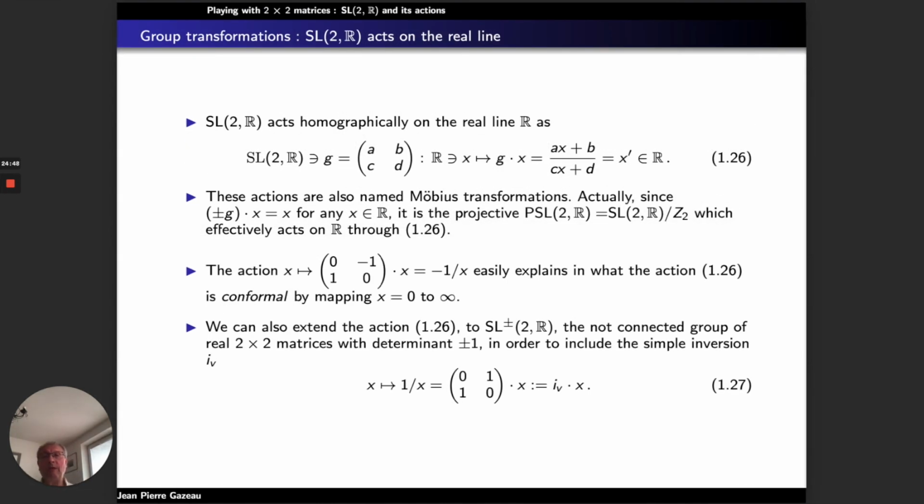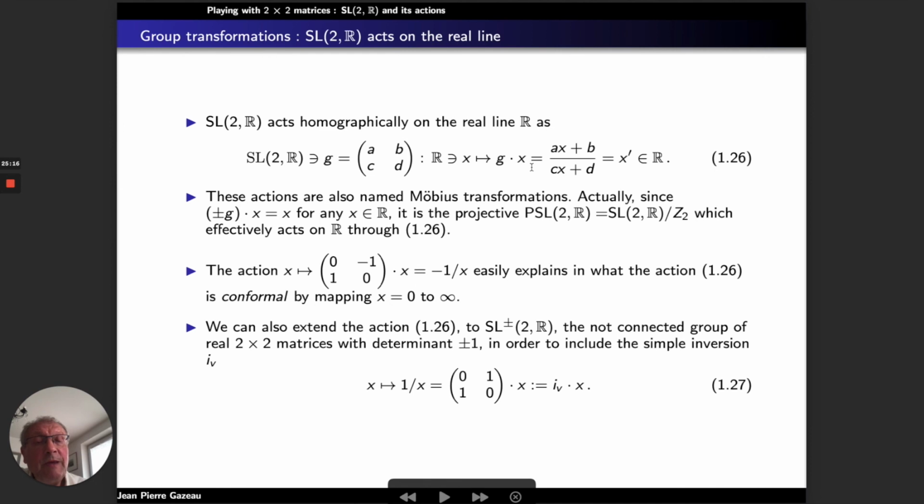So now I go to another very important action of SL2R. It is the action on the real line R under the form of what we call the Möbius transformation. So you take an element of the line and you transform it into this element by using this matrix.